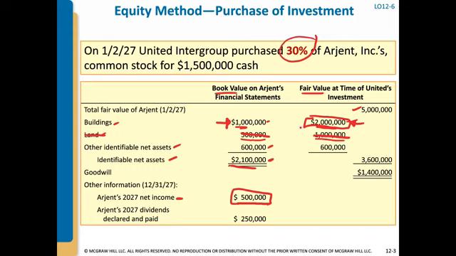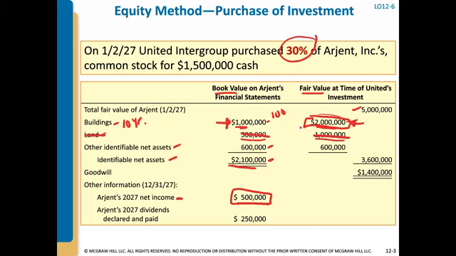So let's say this building has a 10-year life, which means that in 2027, the company would have taken $1 million divided by 10 years, so they would have expensed $100,000, whereas if we were to true it up to fair value, it would have been $200,000 of depreciation.